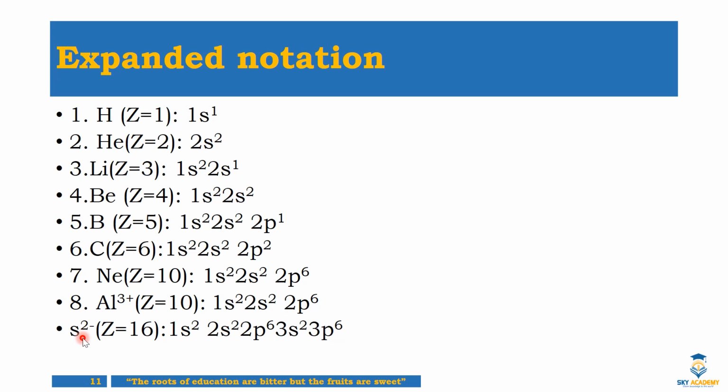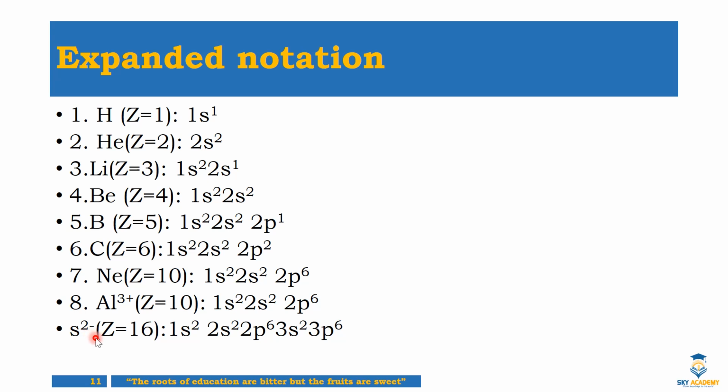Then we come to sulfur 2 negative. Sulfur normally has atomic number of 16. After gaining 2 electrons, we say 2 negative.